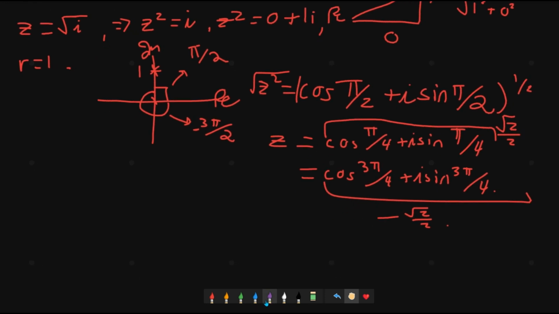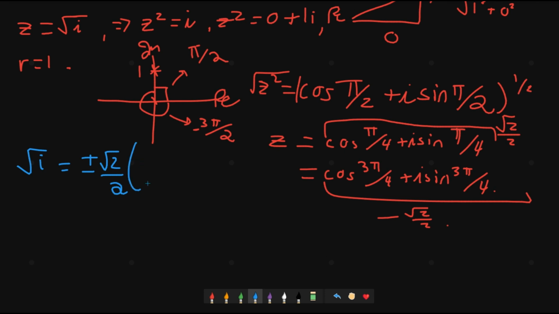So, all in all, we get that the square root of i is equal to plus or minus the square root of 2 over 2 plus, well, we can just factor this out.